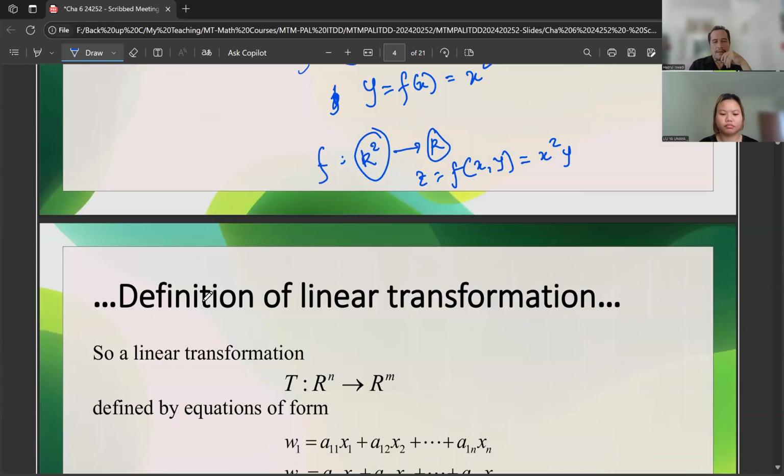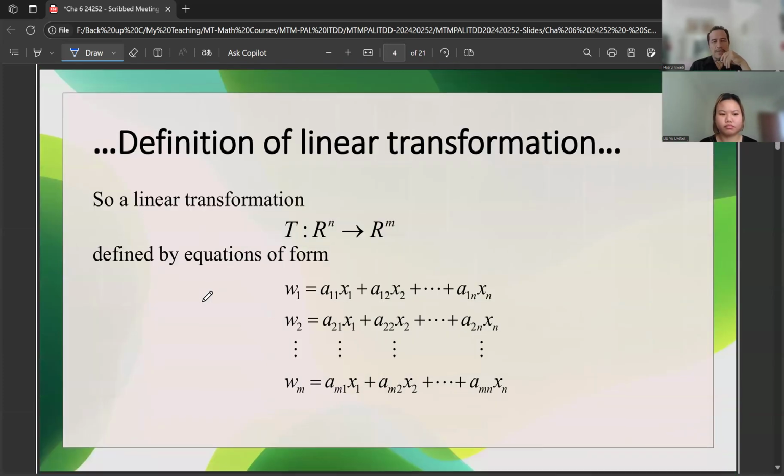What is actually the linear transformation? This is the detail.